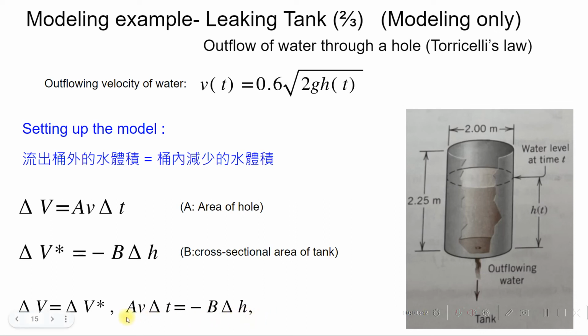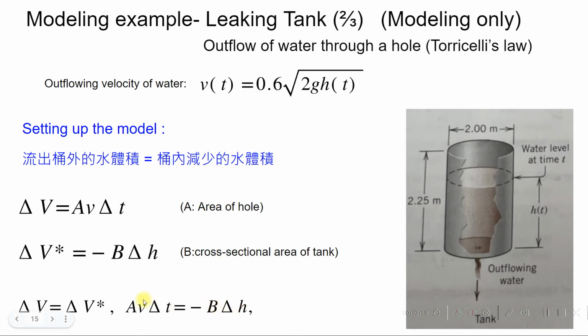Now let's stop here and take a look at this expression to see whether there is something we want, such as h of t and h prime of t. First, we notice that there are delta t and delta h, which means we can get h prime when delta t approaches 0, right?